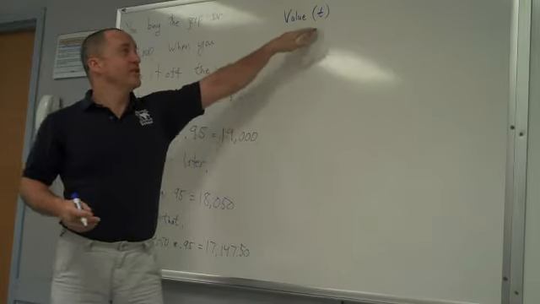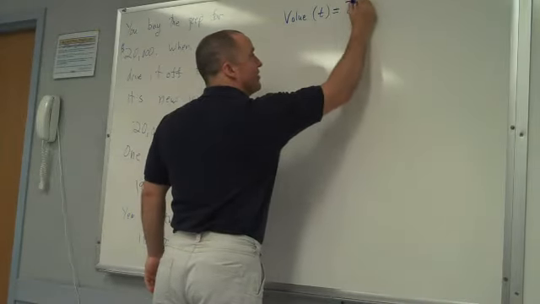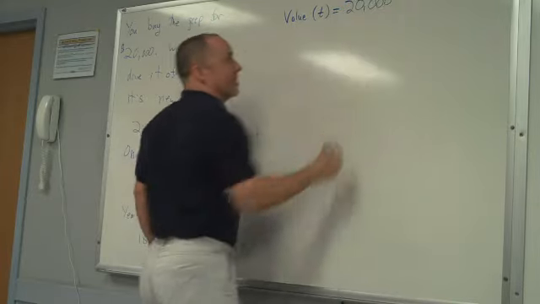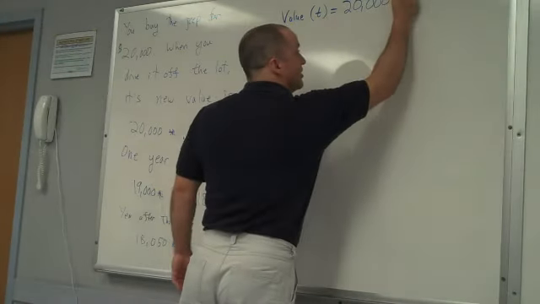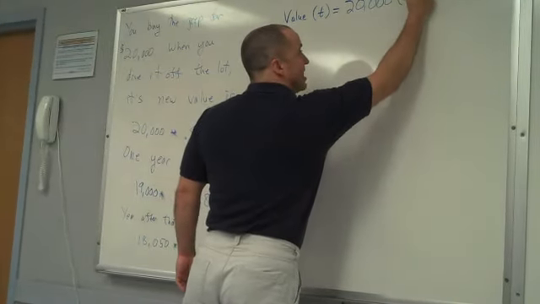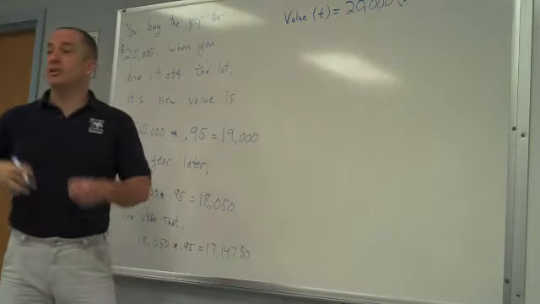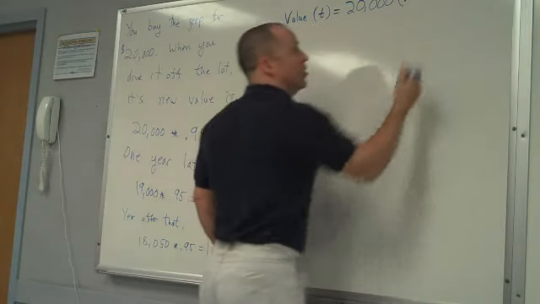The value of the Jeep over time is the starting value of the Jeep multiplied times 0.95 over and over again. How much over and over again? It depends on how many years you want to talk about.